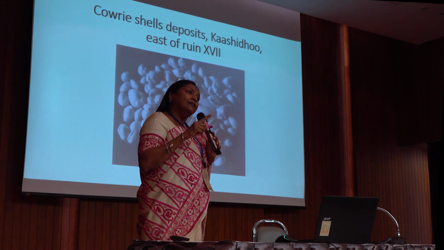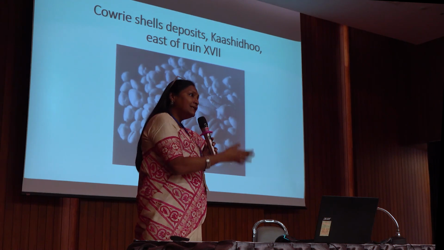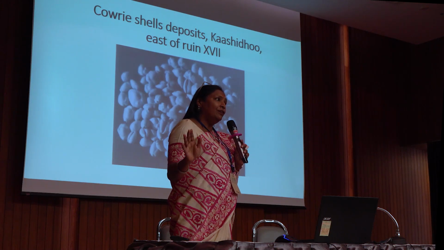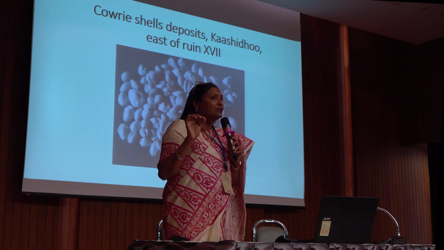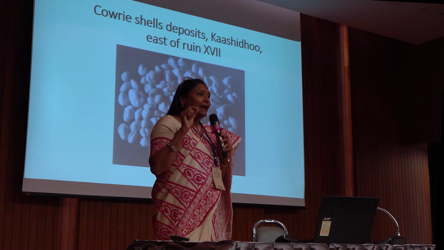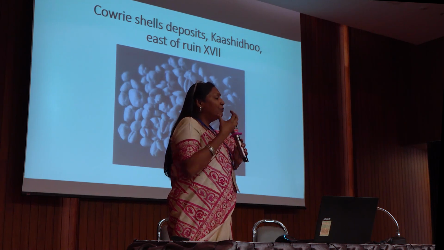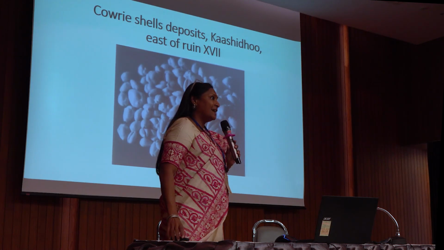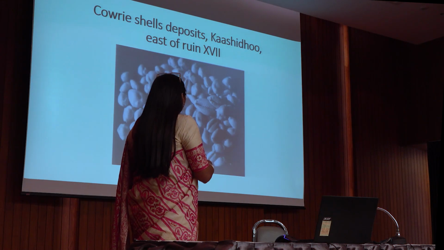In the Maldivian context, these are not money, because in the Maldives it is found very easily. Whatever you find very easily cannot be money in your area. So in the Maldives, the cowrie shells did not act as money, but they had this context and concept that Buddhist stupas and relics should have cowrie shells inside, and that's the only reason why we are finding them inside the ruins.